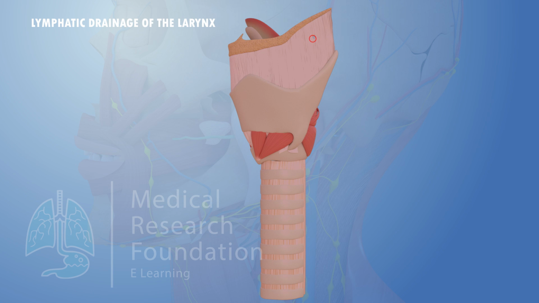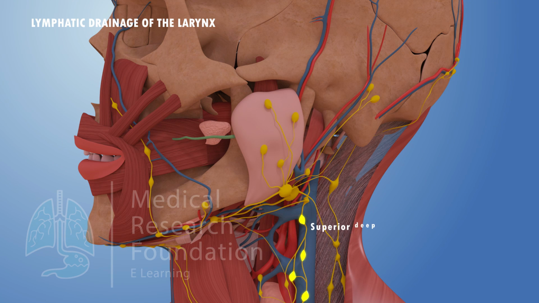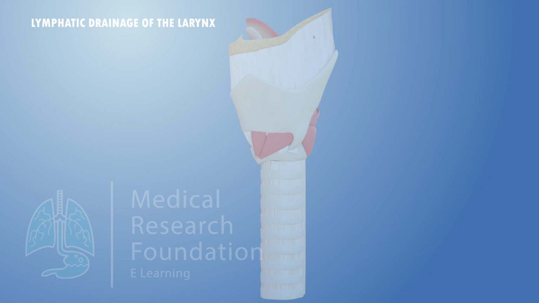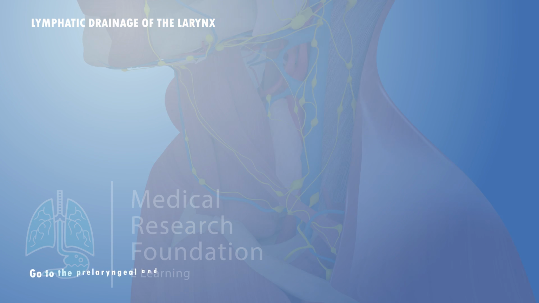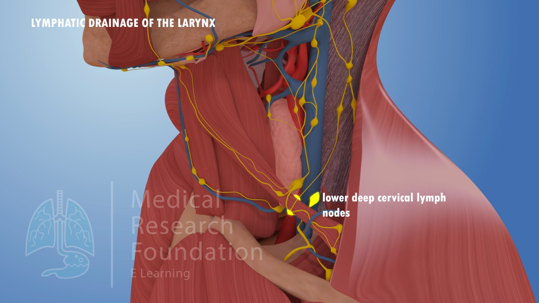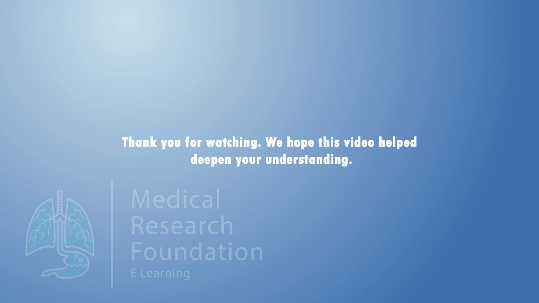Above the vocal cords, lymphatics pierce the thyrohyoid membrane, run along superior thyroid vessels and drain into upper deep cervical nodes. Below the vocal cords, they pierce the cricothyroid membrane and go to the prelaryngeal and pretracheal nodes, and then drain into lower deep cervical lymph nodes, postero-inferior group.